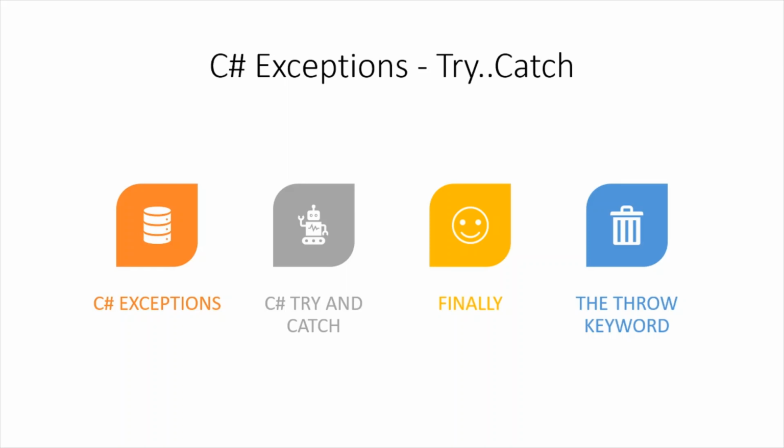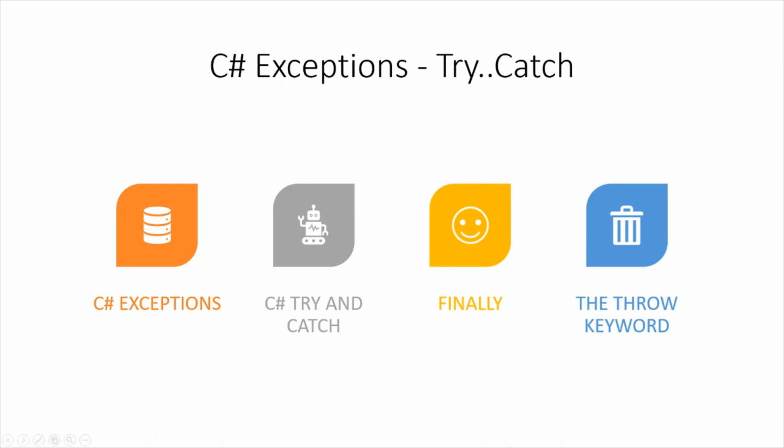Then you need to handle those exceptions, because if you don't handle them, your application is blocked, and it might produce some unwanted results. And then you need to use try and catch.